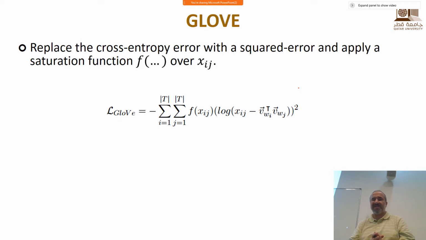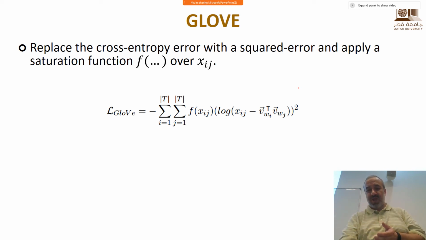There is another method. Don't worry about the equation here. What I'm saying is that this is another method, very similar in principle to word2vec, but the main difference is in the loss function.